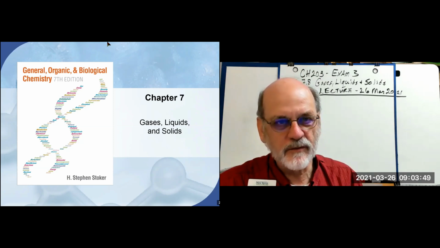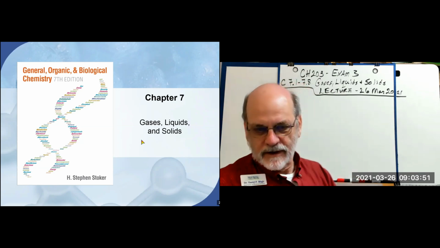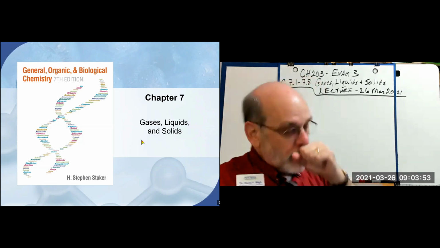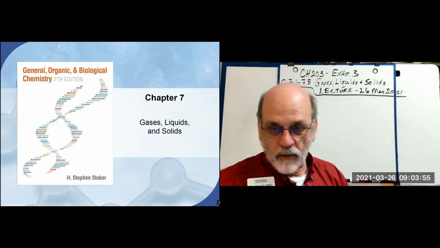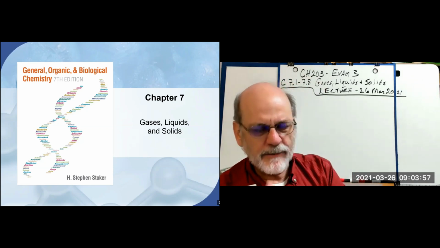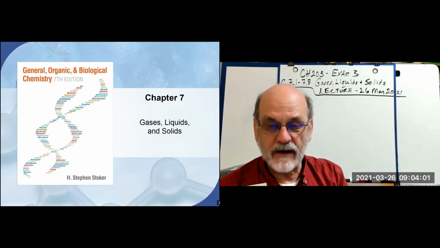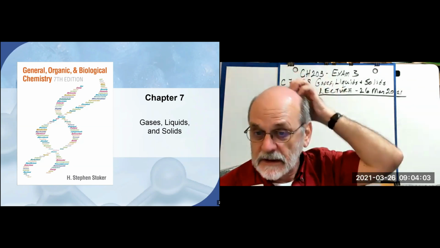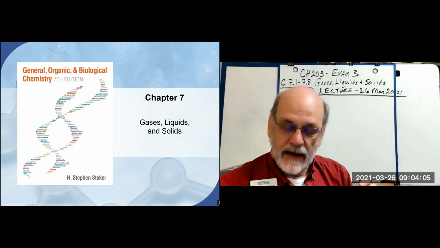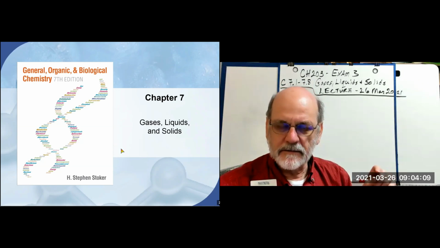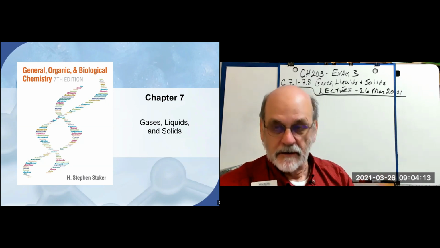These PowerPoints are as much for me as they are for you. Keep me on track. All right, chapter 7 is covering the physical states of matter: gases, liquids, and solids. And we're particularly going to look at the historical progression of understanding of gases, liquids, and solids.